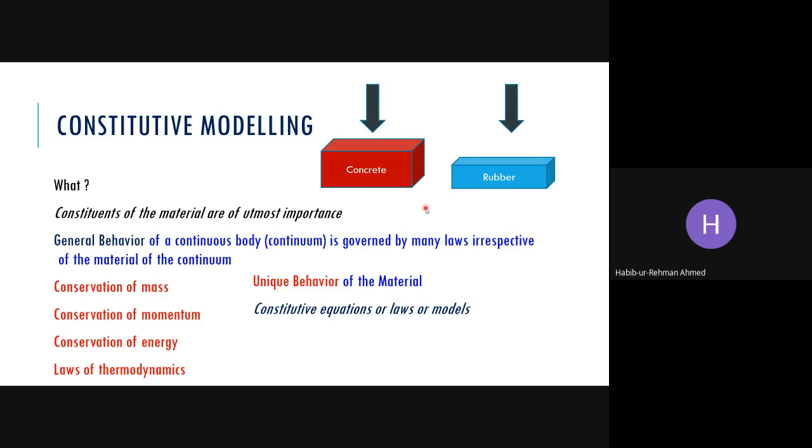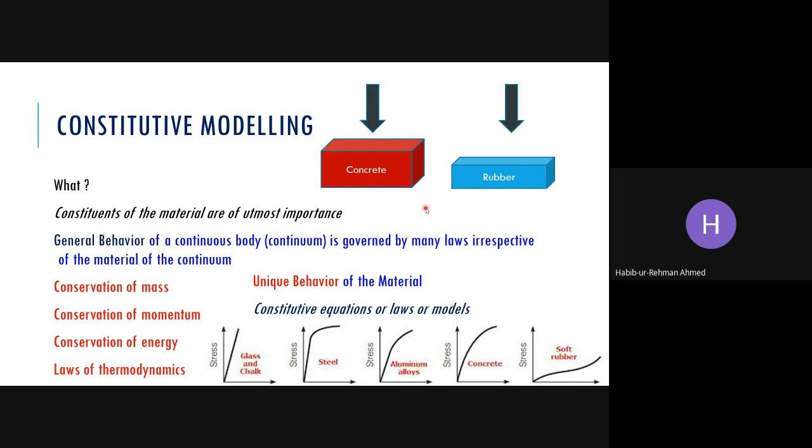Even the configuration of both materials is the same. But you can see there is more deformation in rubber as compared to concrete. So this is the constitutive response: the response from the material of the object, substance, or any general structure.